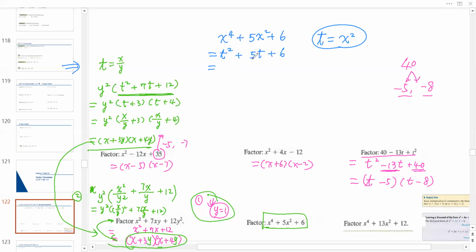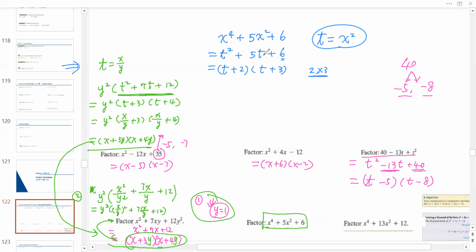So right now we factor this one. Thinking is 6. 6 can be factored into 2 times 3, right? The sum of these two equals 5. So this one actually is t plus 2, t plus 3.